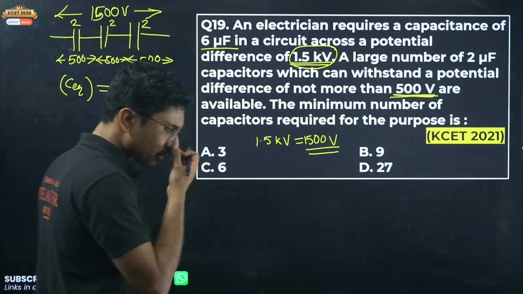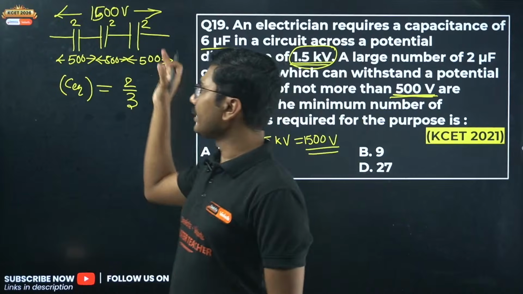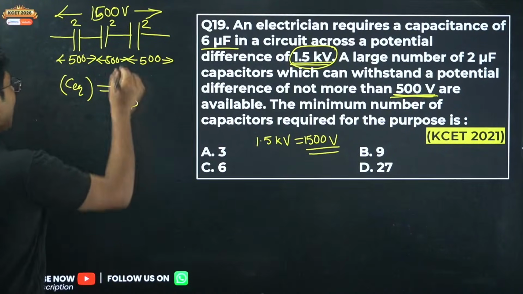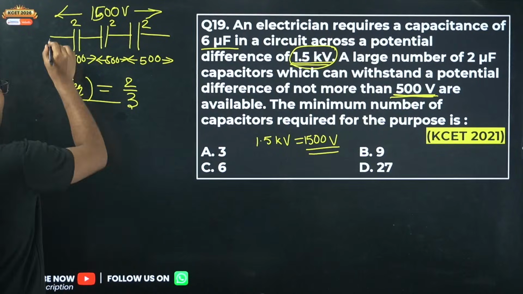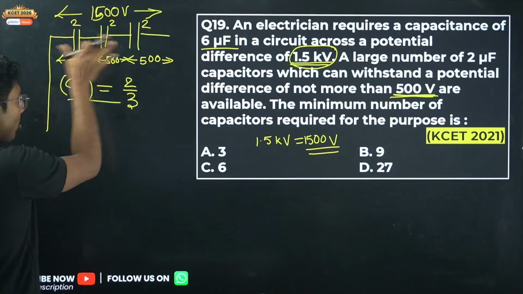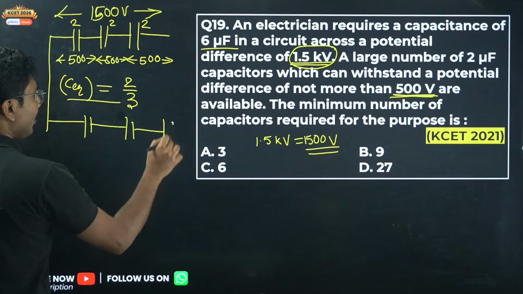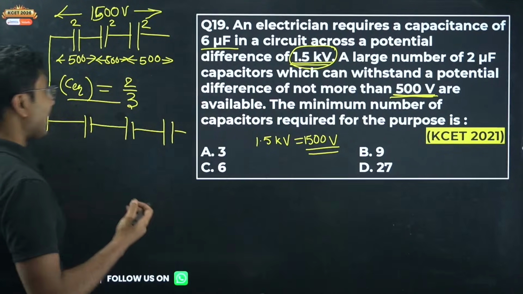In series combination, capacitance decreases. So you first connect them in series to handle the voltage. Now each branch has this much capacitance. Now we will connect more such branches in parallel so that we get the exact 6 microfarad capacitance.